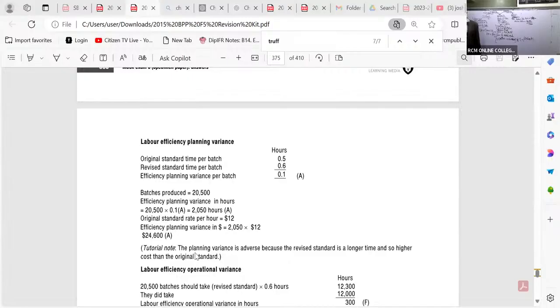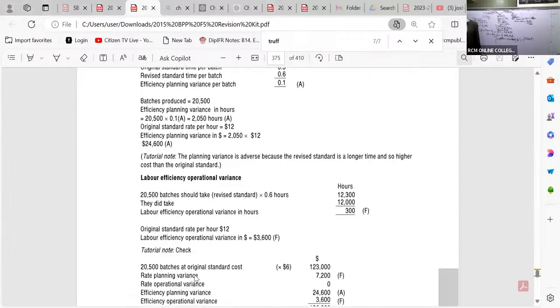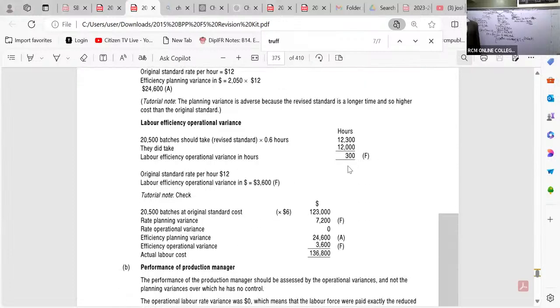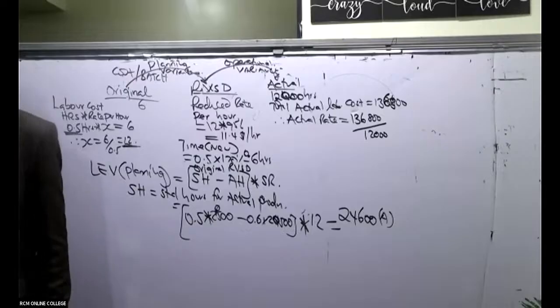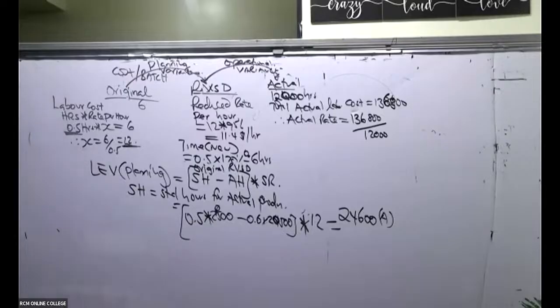Then are you able to do for me the labor efficiency, but now this time around operational, and then we see whether you guys will be able to get 3,600 favorable in terms of dollars. Let me give you 1 minute.